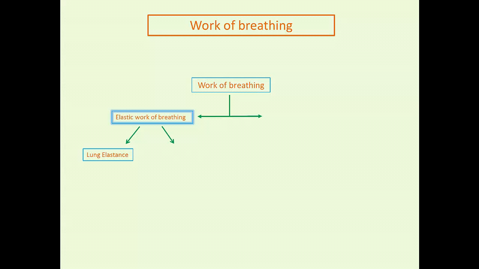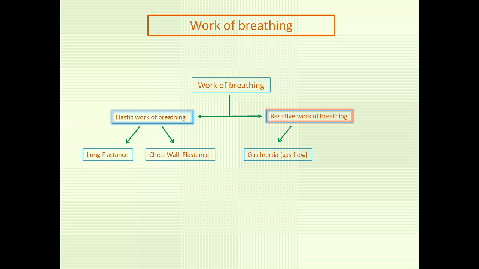So the elastic work of breathing is broken down into lung elastance and chest wall elastance, which you can get nicely from the Campbell analysis, but also resistive work of breathing, which we typically think of in terms of the pressure that must be applied to overcome the inertia between the gas molecules, so you can drive gas flow, but also this tissue resistance, which is, say for instance, the visceral pleura of the lungs sliding over the parietal pleura of the chest wall.